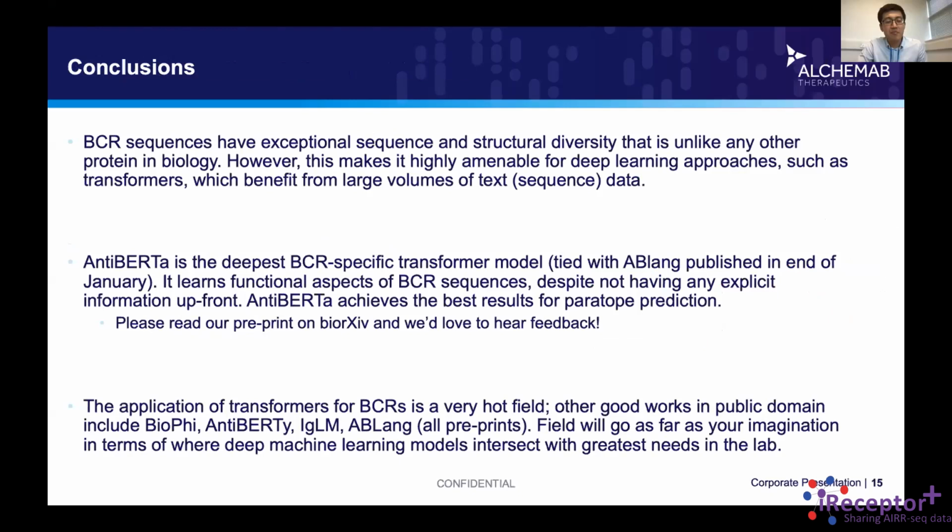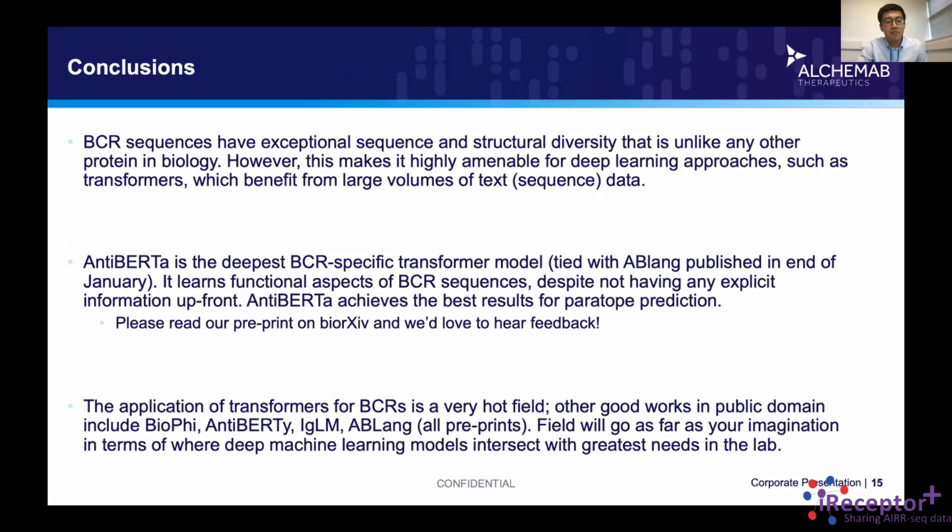So in summary, B-cell receptors are exceptionally diverse, and they have a huge level of structural diversity that's unlike any other protein in biology. Because of that diversity, we want to use deep learning to understand B-cell receptors.